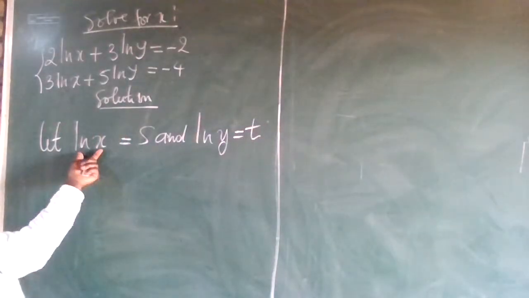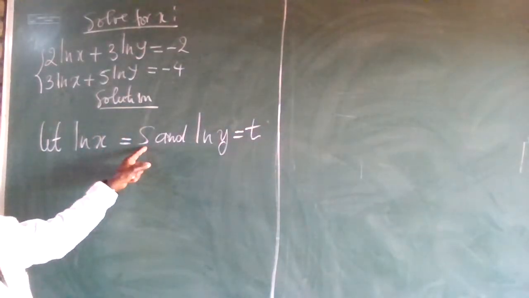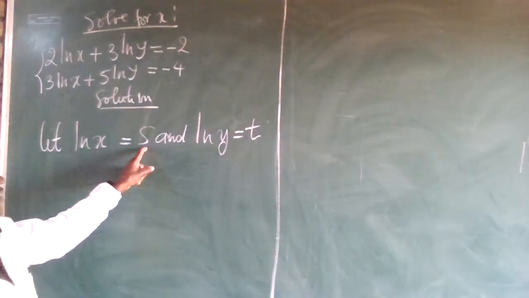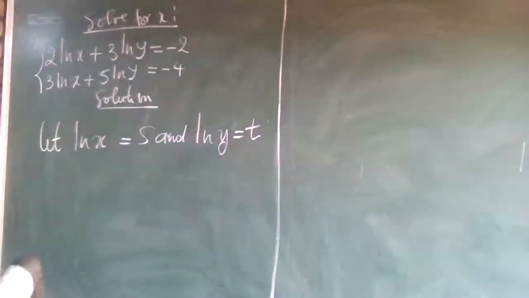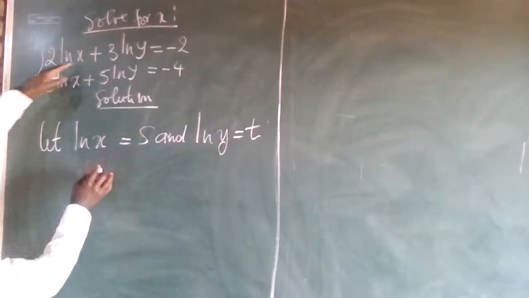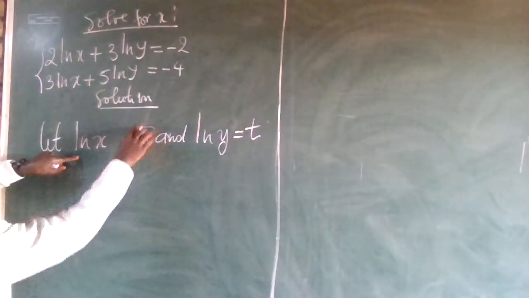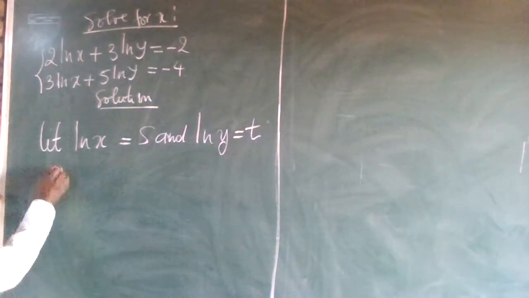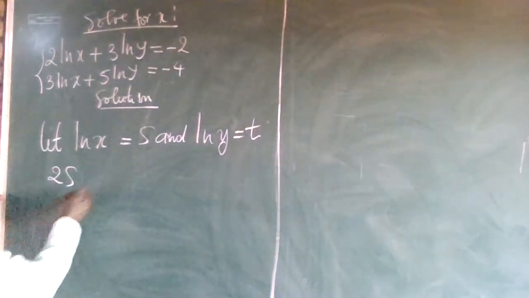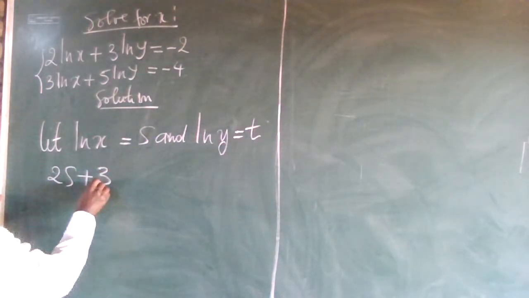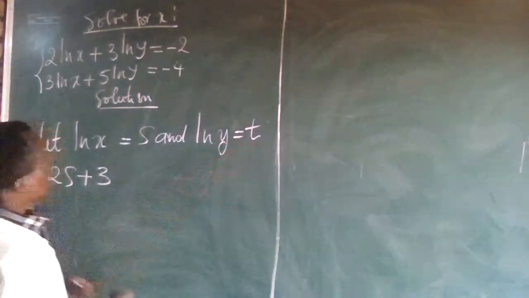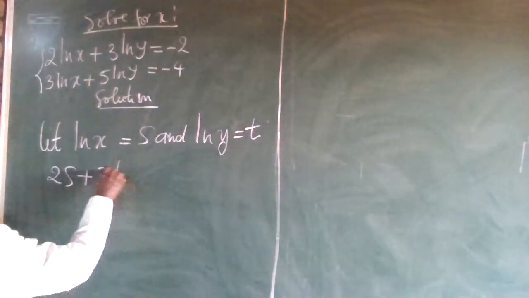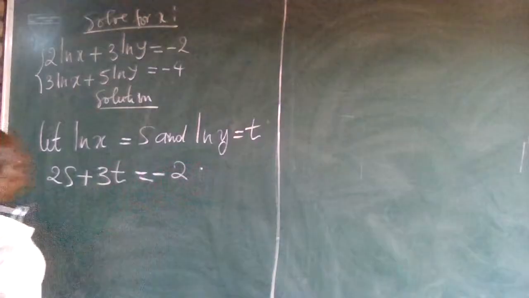In the place of ln x, you put s, and in the place of ln y, you put t. Now let us go. Here we have ln x, you write it as 2 times s, plus 3 ln y, which is t, equal to minus 2.